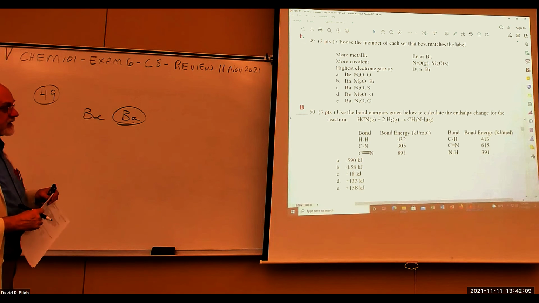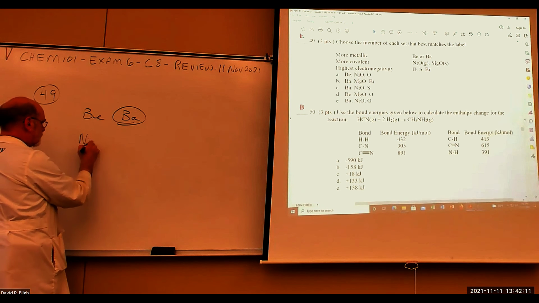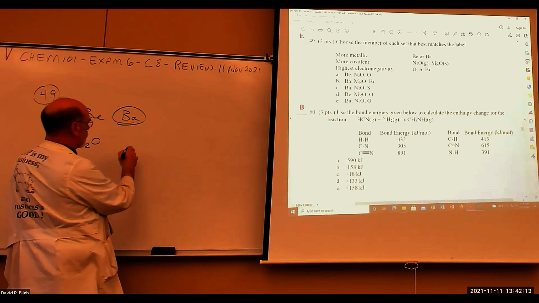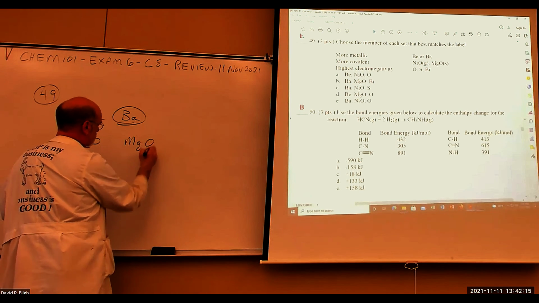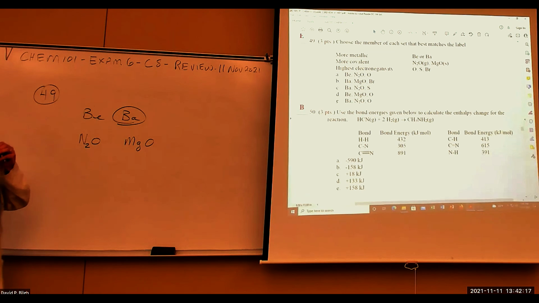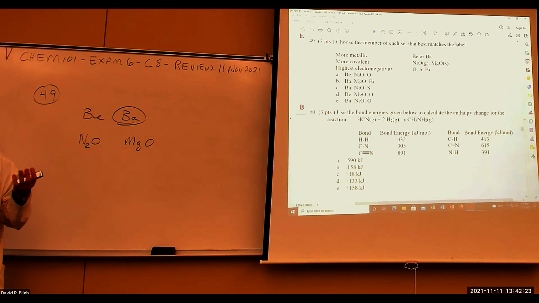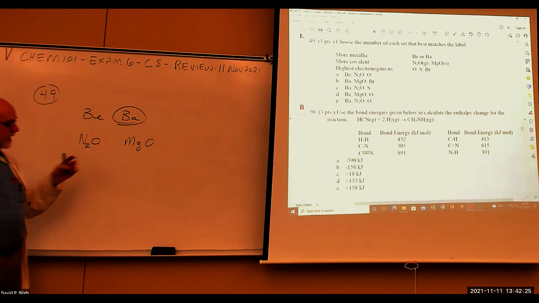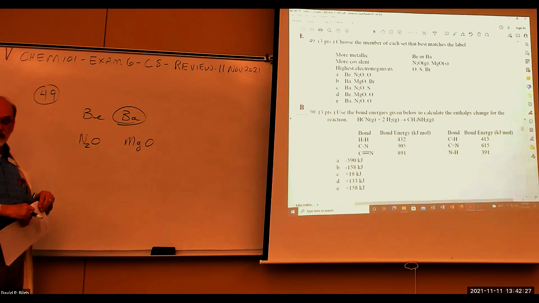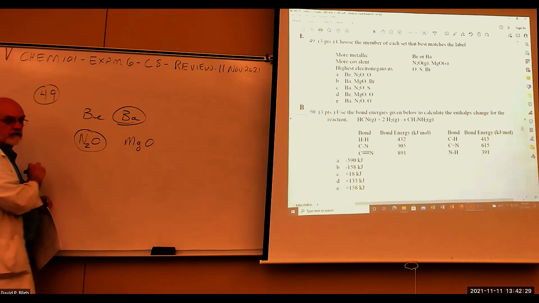The more covalent, N2O or MgO. The more covalent would be the one with non-metal, non-metal, not metal, non-metal. So the more covalent is this one.